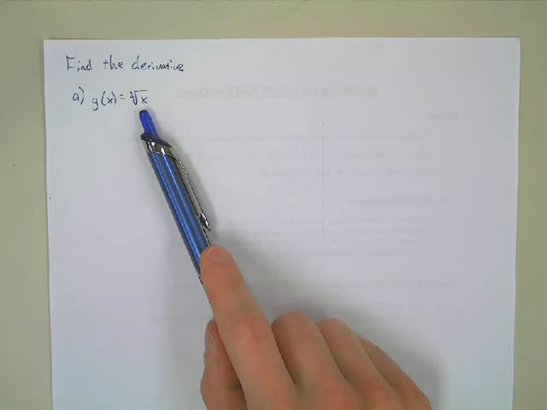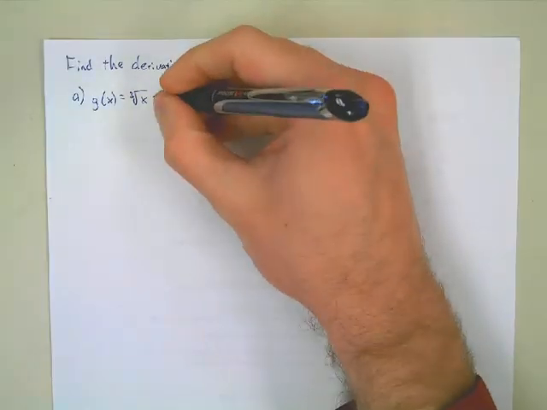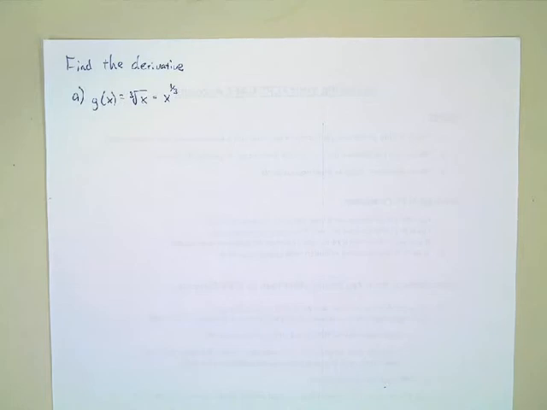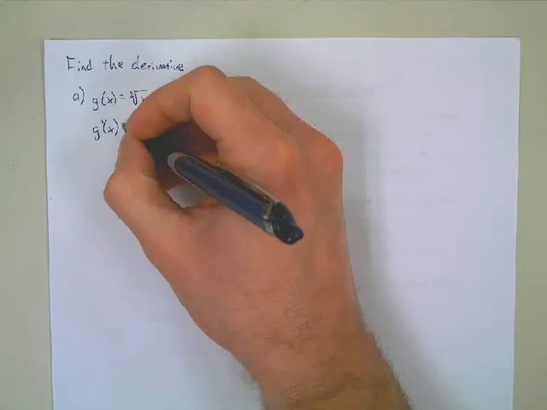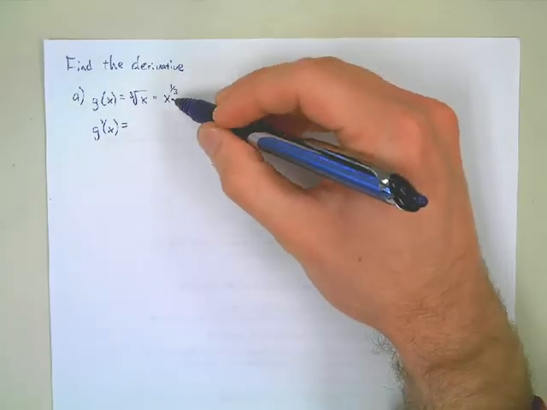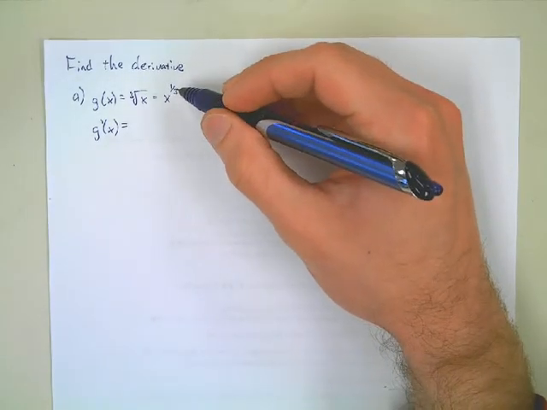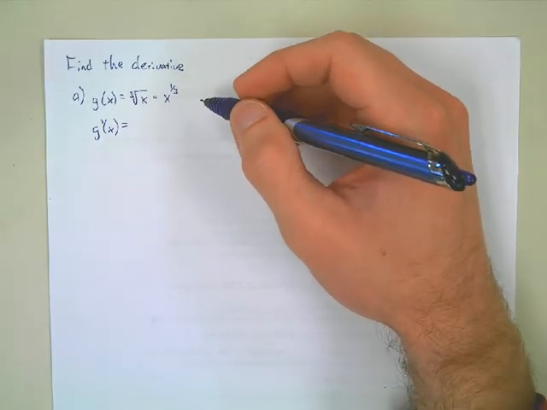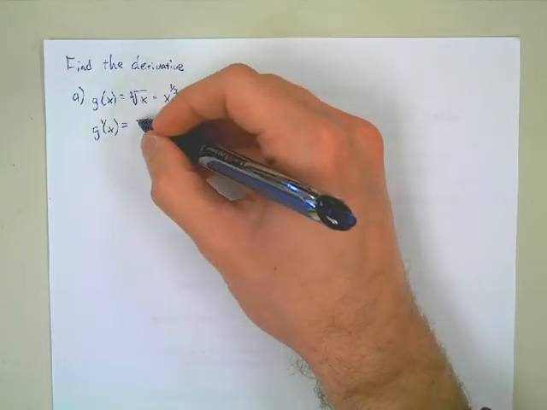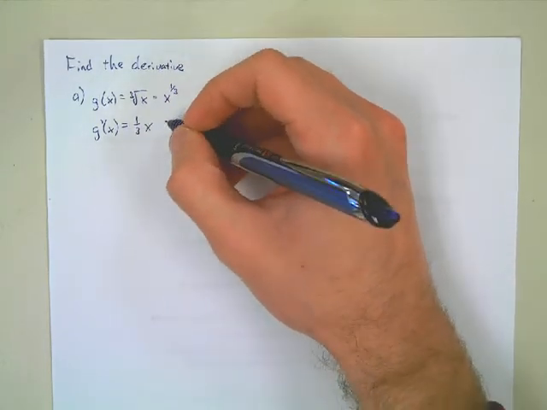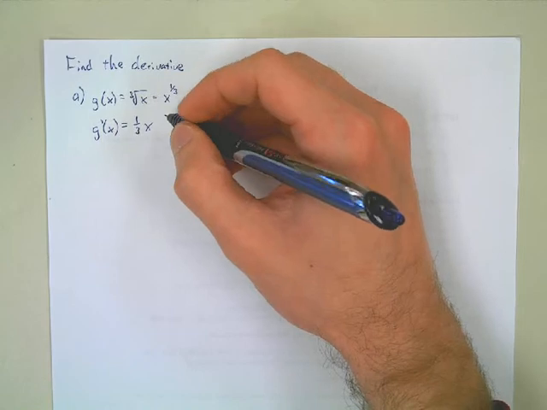Rewrite it as x to the 1/3, exactly right. Now that it's x to the 1/3, then g prime of x, we can now use the power rule because it's x to a power. So what's going to come out front? 1/3 x to the negative 2/3. 1/3 minus 1 is negative 2/3.